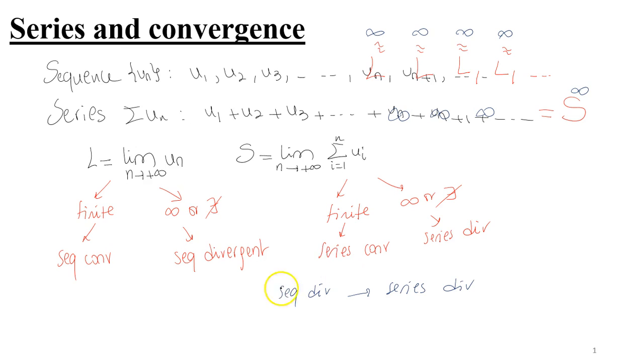However, if the sequence is convergent, does that mean that the series is convergent? Let's take an example. Suppose that the limit of the sequence is 2, which means that starting from a certain rank, all the terms of the sequence are approximately equal to 2. When you start adding that 2 to itself infinitely, that would still lead to an infinite sum.